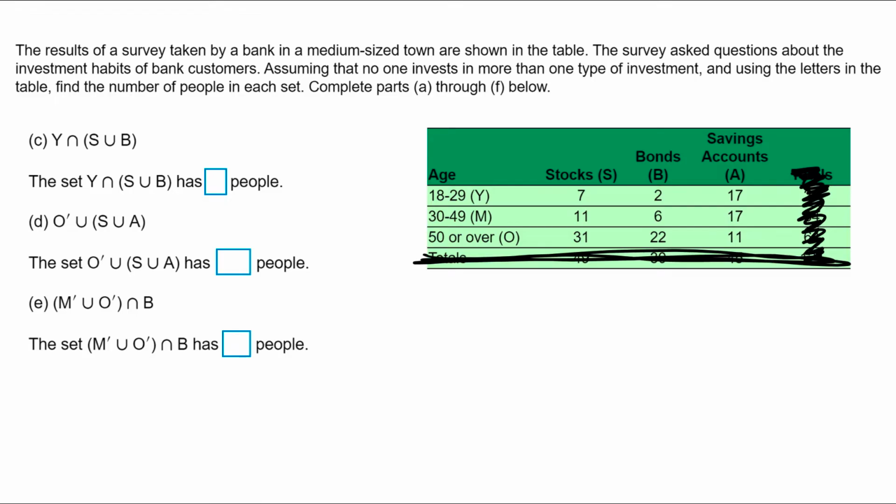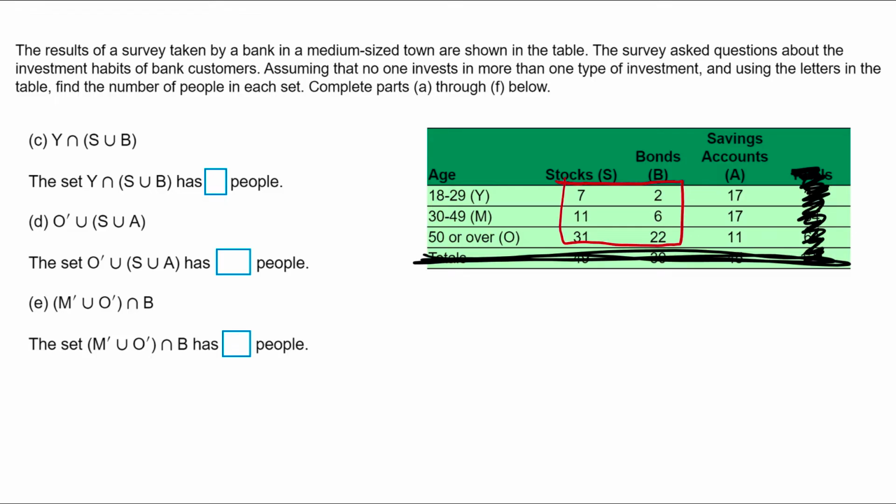So anyway, we want to do Y intersect S union B. That's the first one. So let's first find S union B. S union B would be everything in S put together with everything in B. I've put a red box around that.